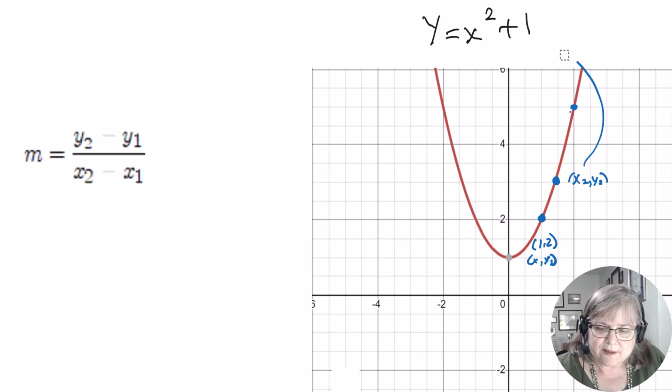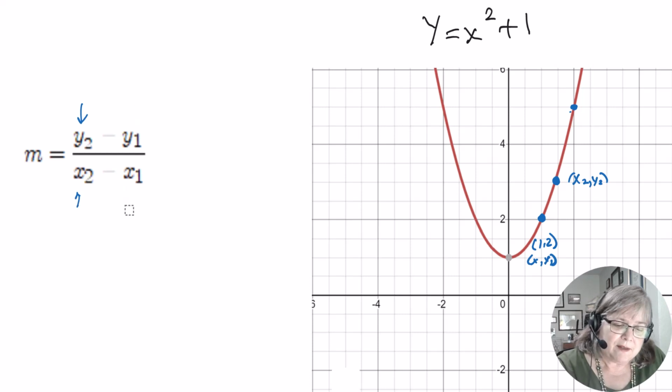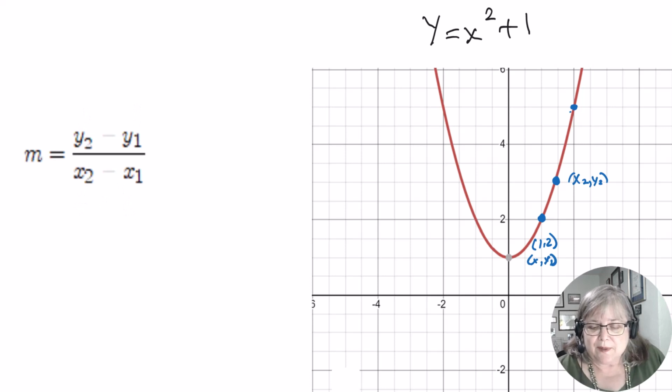So given an x, I can calculate a y. Then I could put the specific y2 here and put its corresponding x2 below it, and then y1 and x1. And I could calculate a number. Looks like it'd be a positive number, but I can calculate a number.